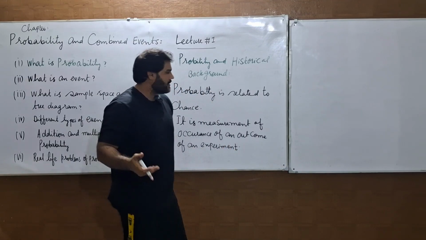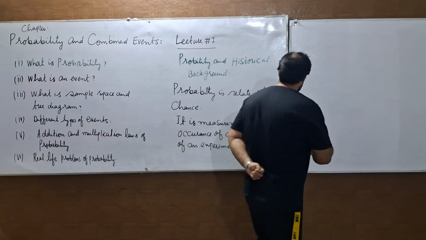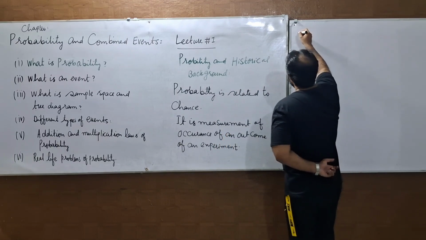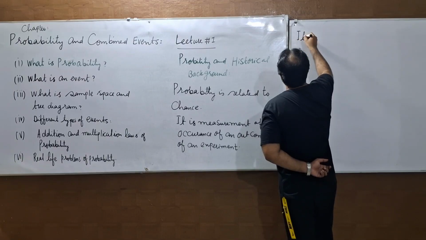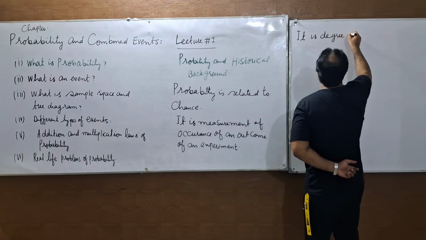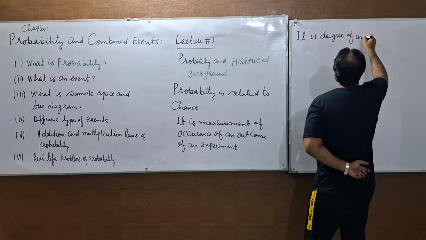Or more concisely, you can define probability in another way. It is actually the degree of uncertainty.